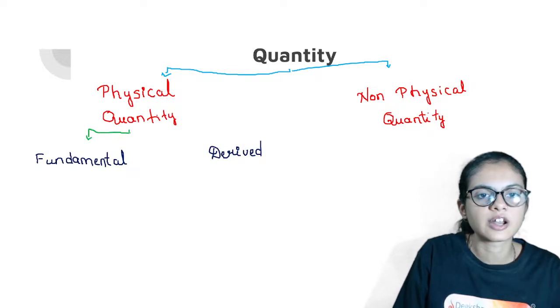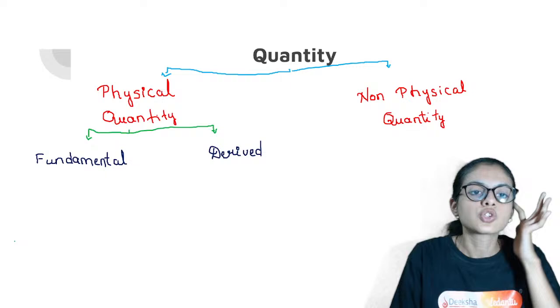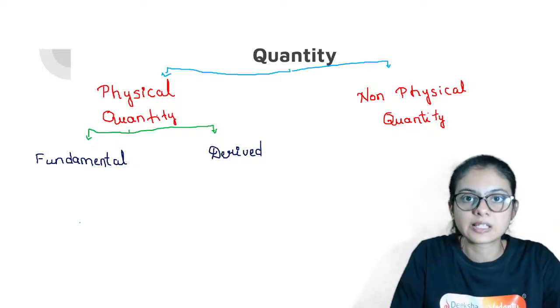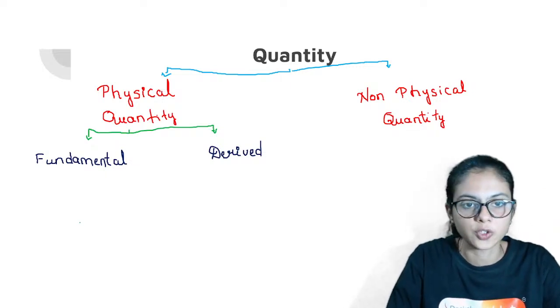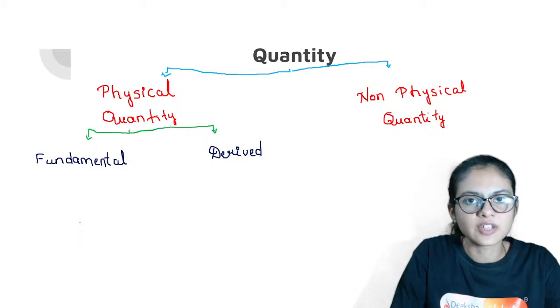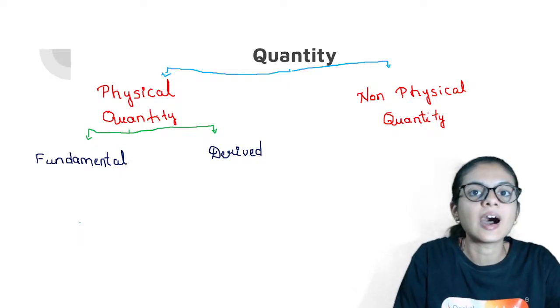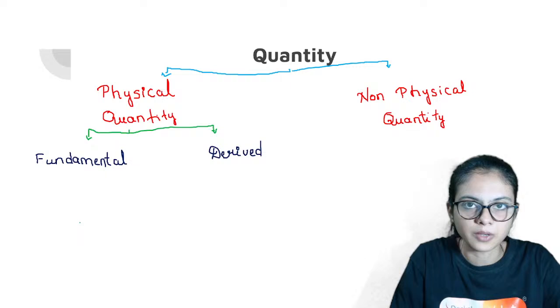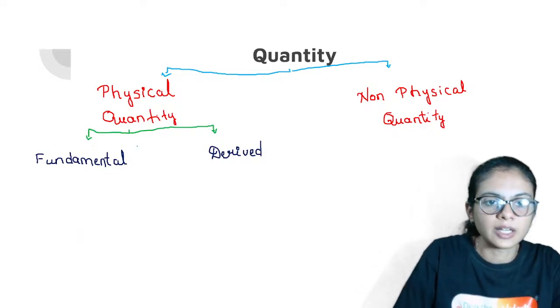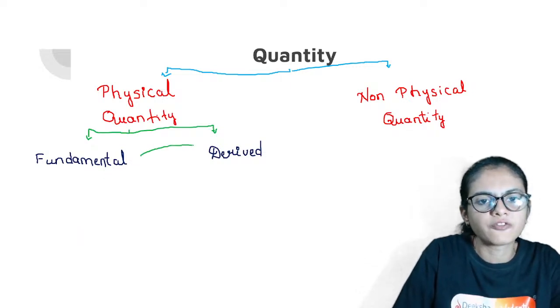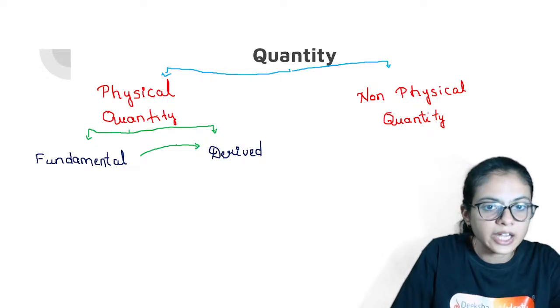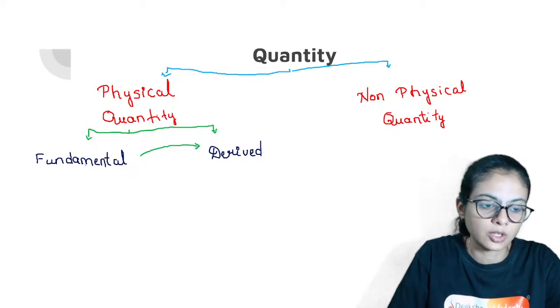Clear? Now here comes our SI unit, whatever we are going to study. Fundamental is basically what exists in nature. All the physical quantities that we see are not fundamental ones. Multiple different quantities are made by using these fundamental quantities.